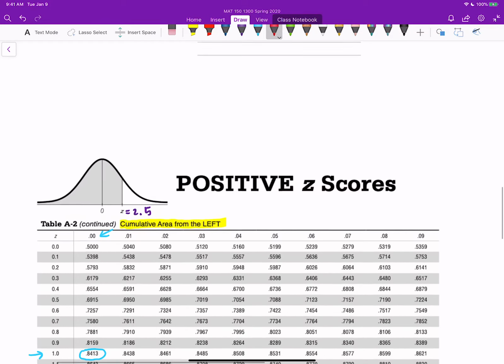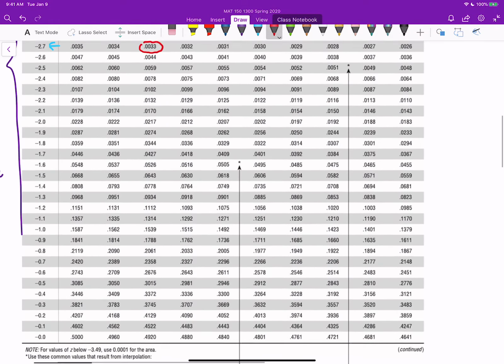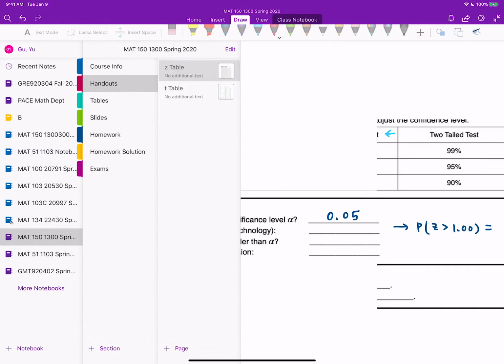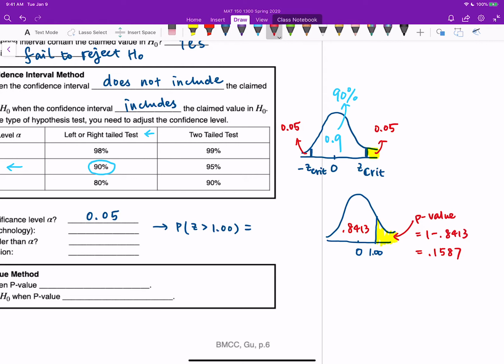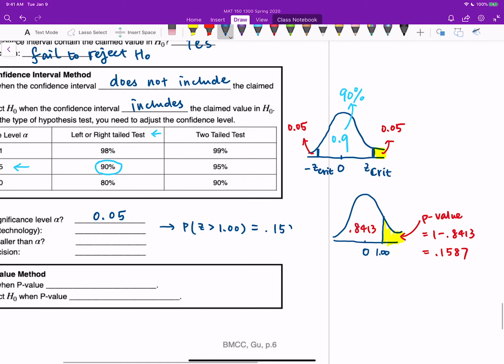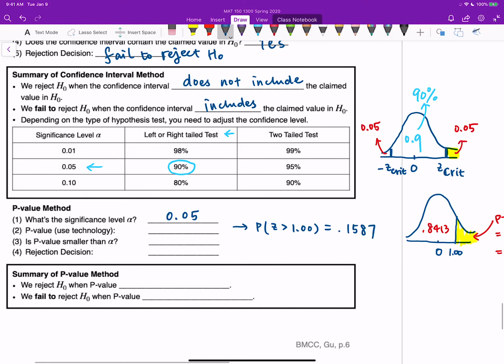So it'll be 1587, right? So it's alright. This is our p-value, 0.1587. If you use technology, you will get something more accurate, which is 0.1582, which is not a big difference, as you can see.